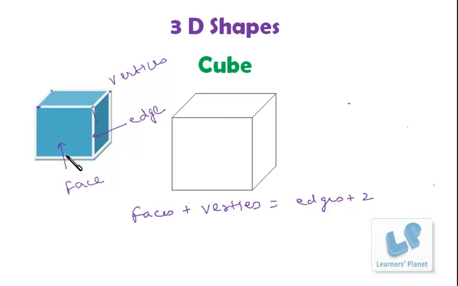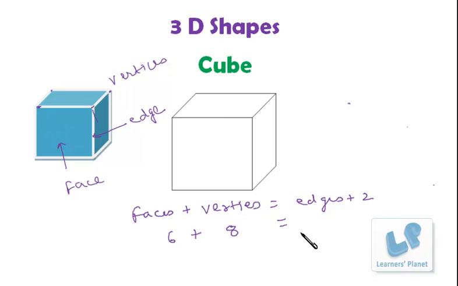So here faces are 6, vertices are 8. We can see 1, 2, 3, 4, 5, 6, 7 and the other one. So 6 plus 8. Edges will be 1, 2, 3, 4, similarly 5, 6, 7, 8, 9, and the other ones that we are not able to see, but you can visualize them.